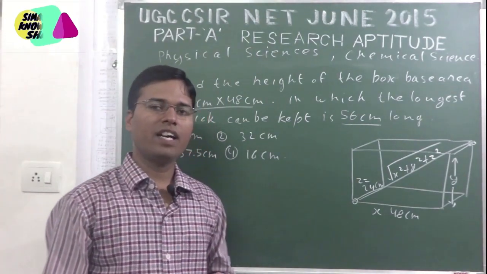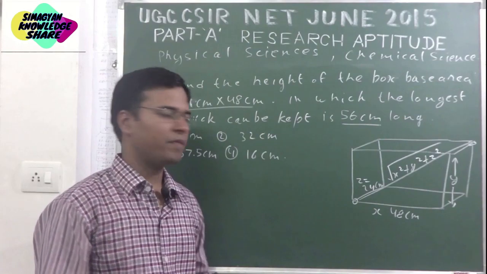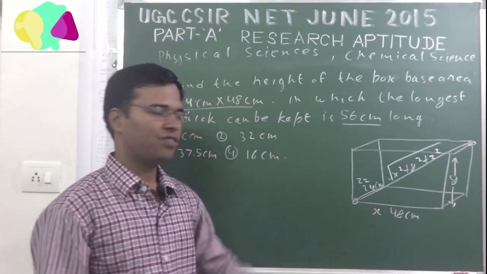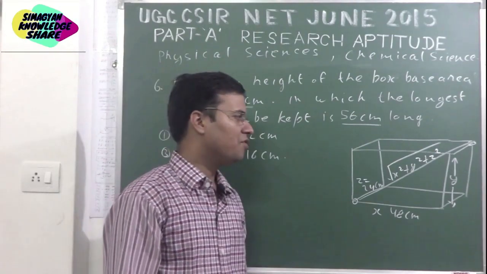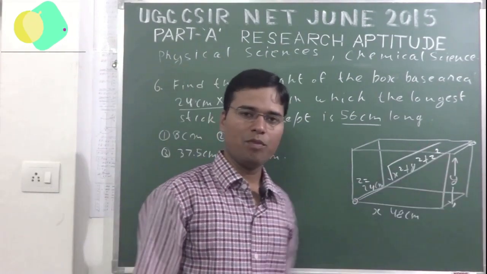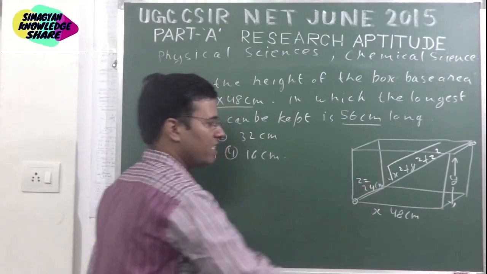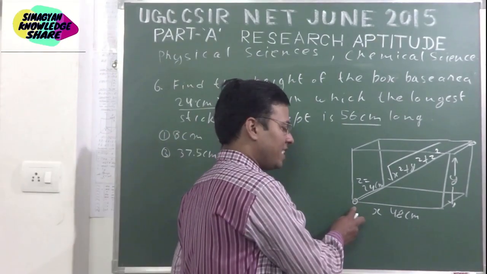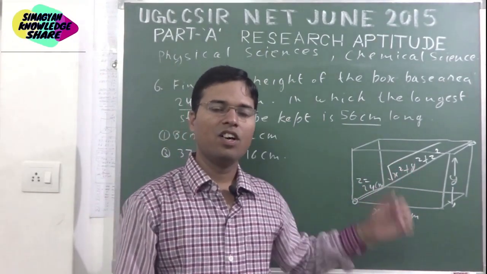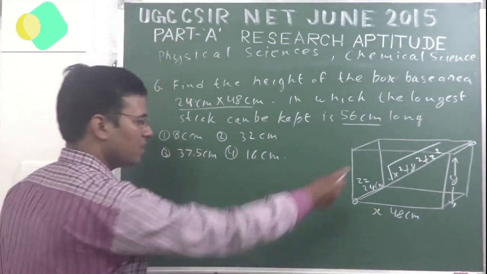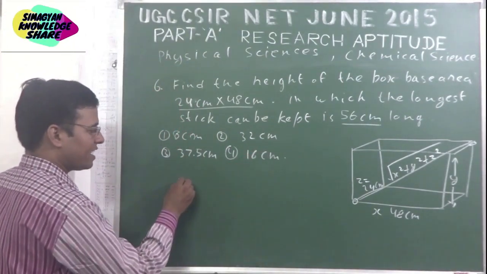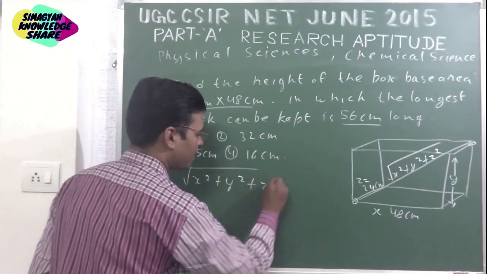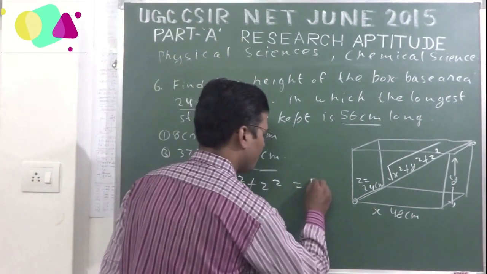The length and breadth of the rectangular base are 48 centimeter, x value, and 24 centimeter, z value. If the height of this box is y, then the maximum length of the stick which can be kept will touch the opposite vertices of this rectangular box. So the length of the stick is given by the square root of x square plus y square plus z square, that is 56.